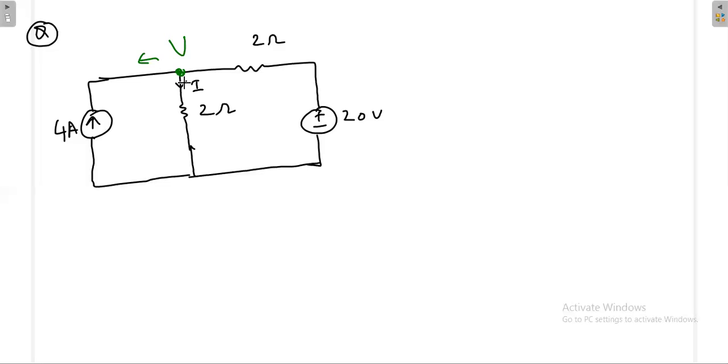So minus 4 ampere, plus (V minus 20) divided by 2, plus the current leaving here, which is I, and that I is equal to V by 2. Once you solve this equation, you get 14 volt.